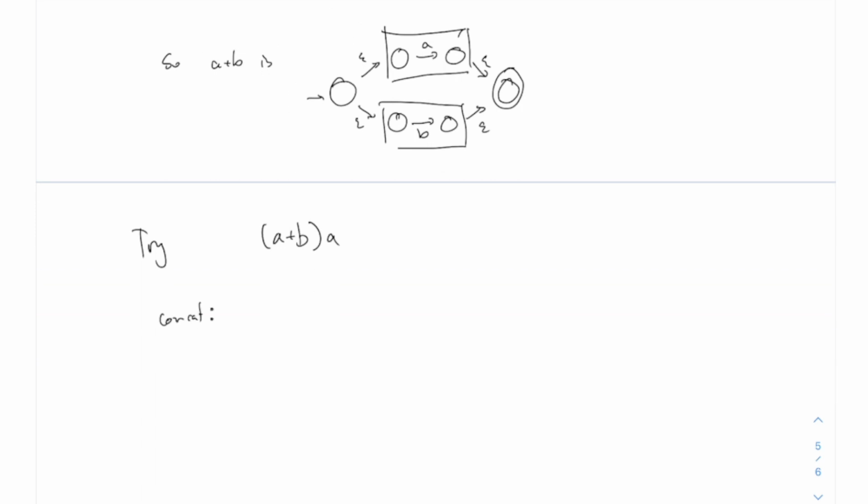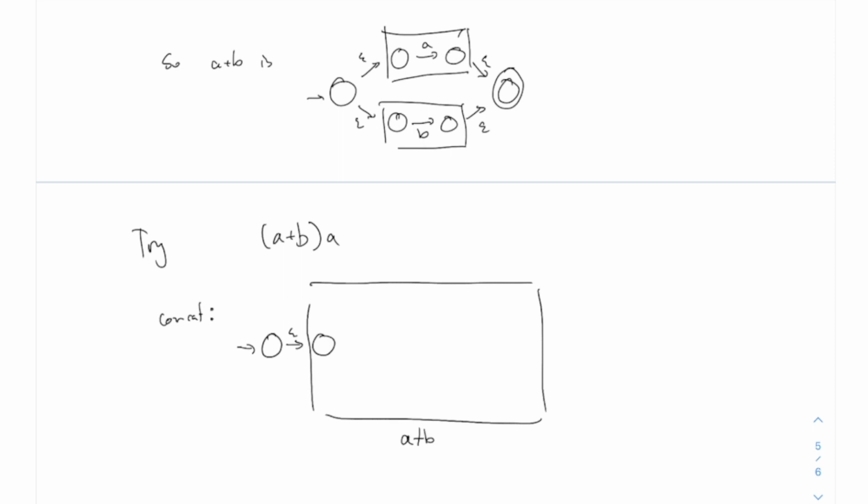Concatenation is when you do one of them, send it directly into the second one. So I'm going to do the first one. Well, I have a starting state with the epsilon transition, and then in here I'm going to copy the a plus b machine. So that's this. This is the one we just did. All right, that's the a plus b machine.